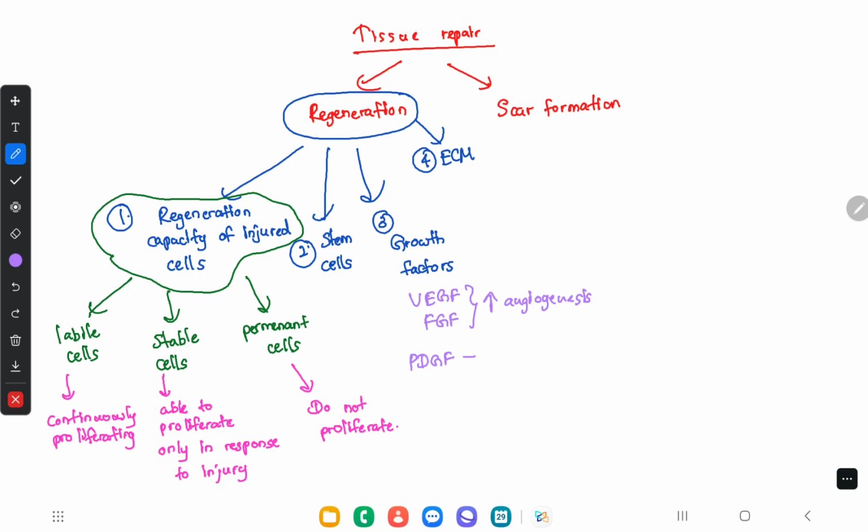They are produced by platelets and induce proliferation of fibroblasts and increase collagen deposition. Then another growth factor is called epidermal growth factor, EGF. It is also produced by macrophages and it increases the induction of keratinocytes.